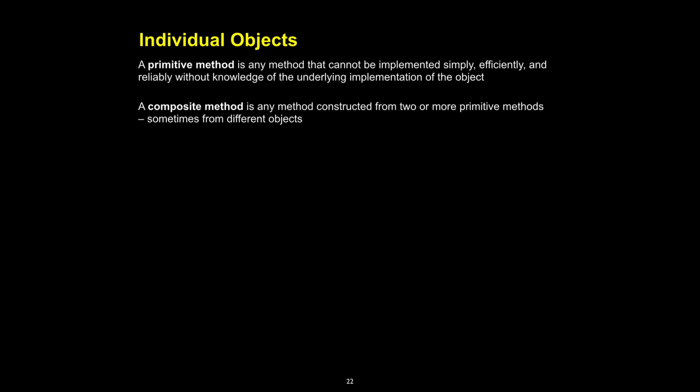A composite method uses a higher level: I'll use three or four primitive methods to do something. How do you do remove all? Well, you just remove repeatedly.